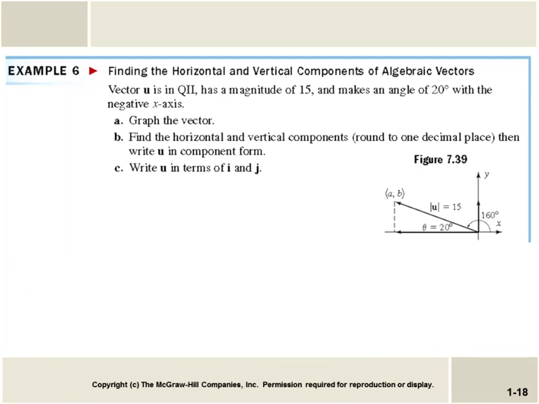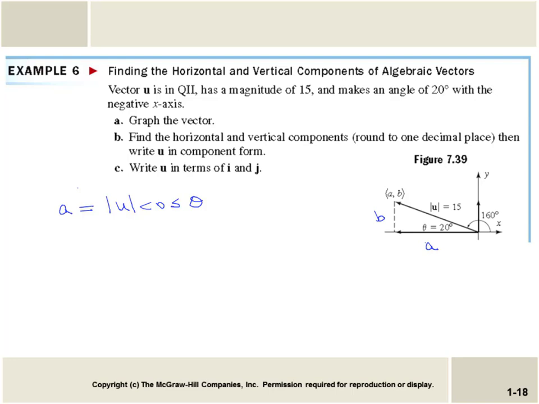So let's say we have a vector in quadrant 2, and it has a magnitude of 15 and makes an angle of 20 degrees with the negative x-axis. So there's the picture, and we've graphed the vector. It says find the horizontal and the vertical component. Let's call the horizontal A and the vertical B. Then A is equal to the magnitude of U times the cosine of theta, right?